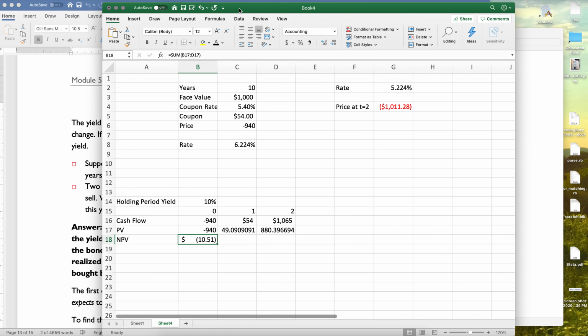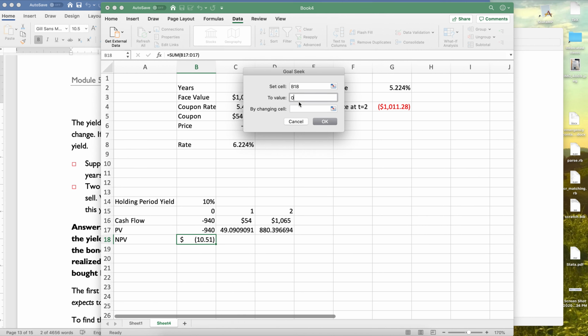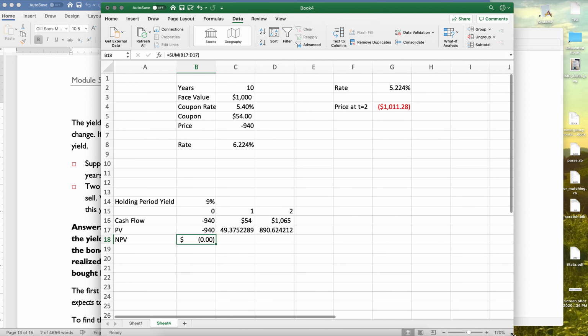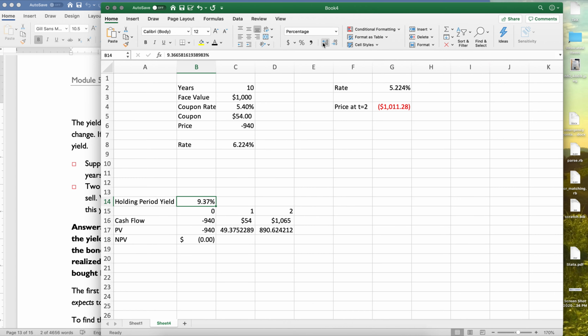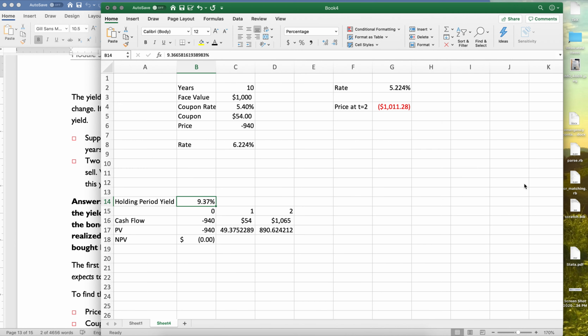All right, so from here we just do what if analysis and goal seek. And we set this value to equal 0 by changing the cell there. Okay, so let me make this a couple decimal places. We got 9.37 there, and that's good. That means we didn't make any mistakes.